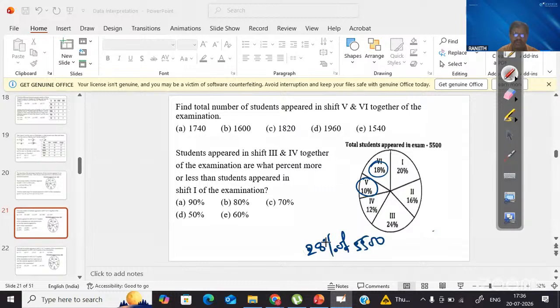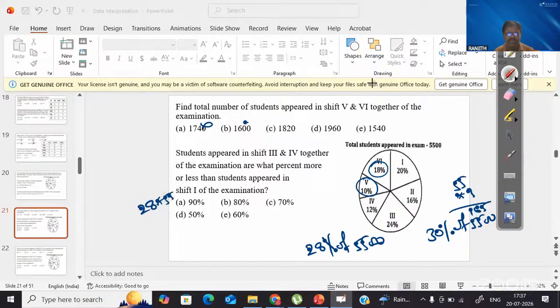So almost it will be equal to 30 percentage. 30% of 5,500 will be equal to 55 into 3, will be equal to 165. The answer is less than 1650, so the options that are more than that are not the answer. Only B and E will be our answer.